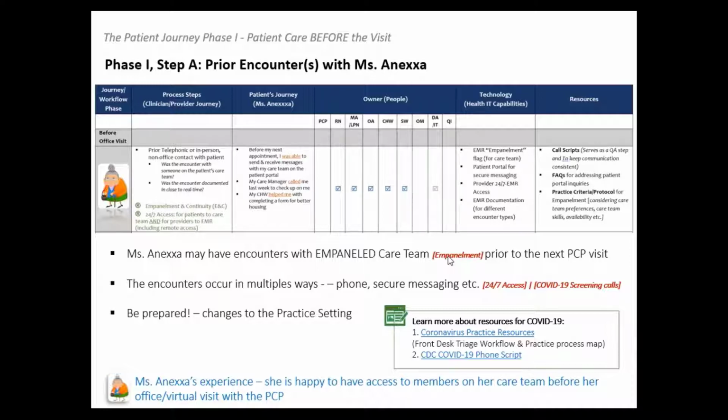And now with the COVID-19 screening, you can use that to screen your high-risk patients. And to learn more about COVID-19 front desk triage workflow, practice process maps, and phone scripts, please access the links located right here on the slides. Lastly, we also want to keep in mind the patient's experience. Ms. Anexa is happy to have access to members on her care team.